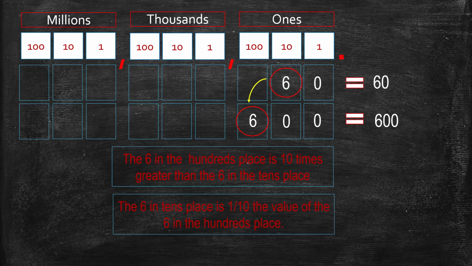So as we compare the numbers, think of it as where it's located compared to the number it's being compared to. So the 6 in the 10 spot is to the right of the 6 in the 100 spot. So if the number is to the right, it is smaller than those numbers to the left.